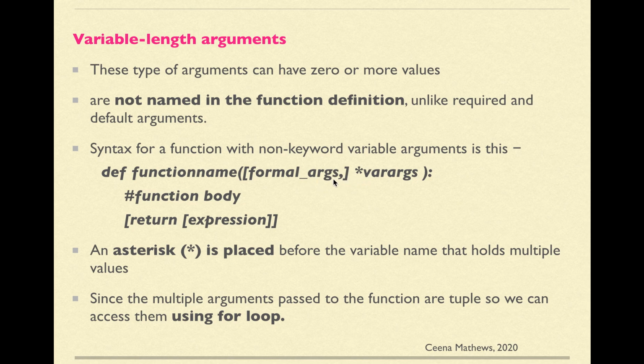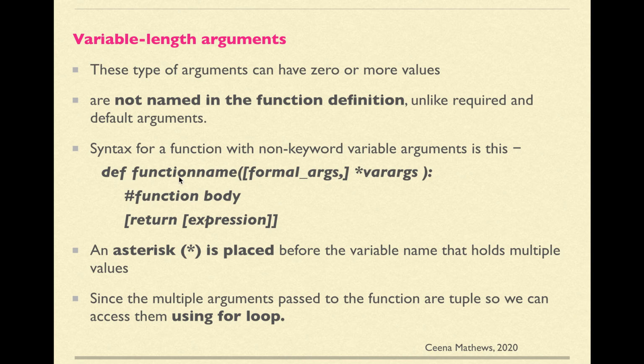One is the formal parameters, the normal parameters, and the other one is the var args, which is preceded by an asterisk, which indicates that it is a parameter that can have multiple values. And the remaining is the same, that is function body.